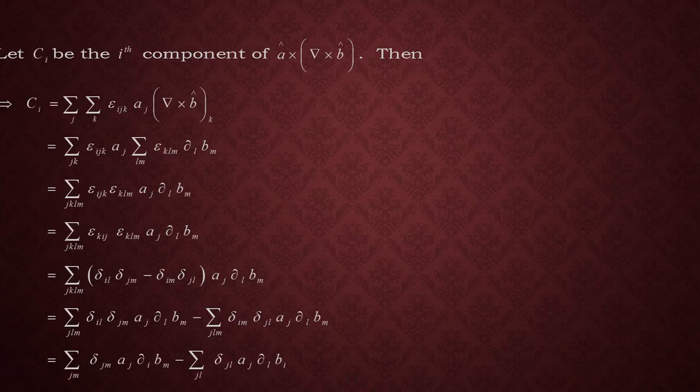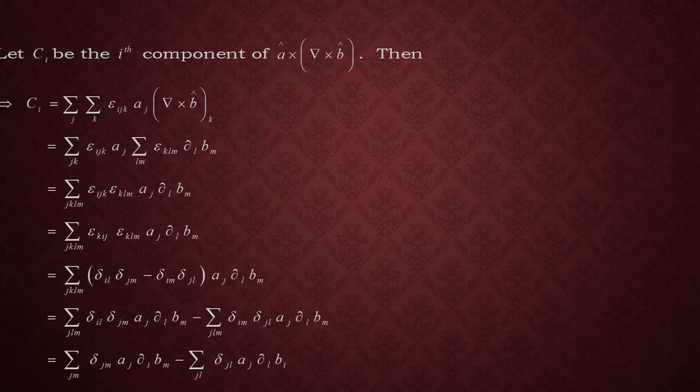We have to substitute the (del cross B cap) suffix k also here. Now C suffix i can be written as C suffix i equals summation over jk epsilon suffix ijk A suffix j (del cross B cap) suffix k. Let us substitute the kth term here.